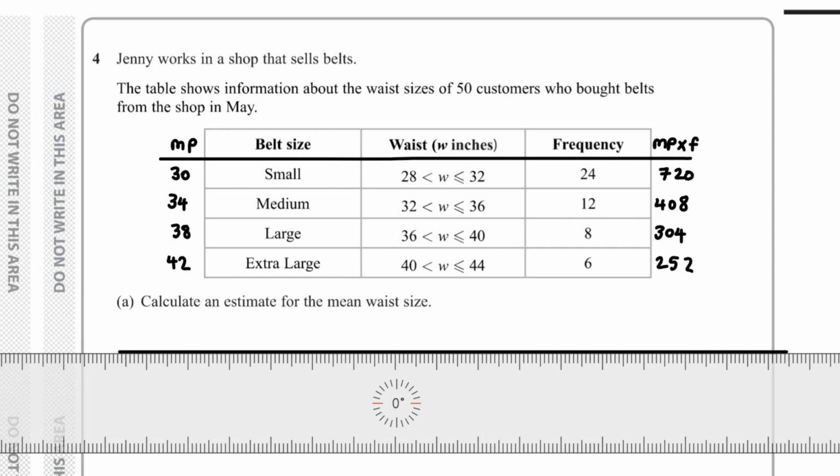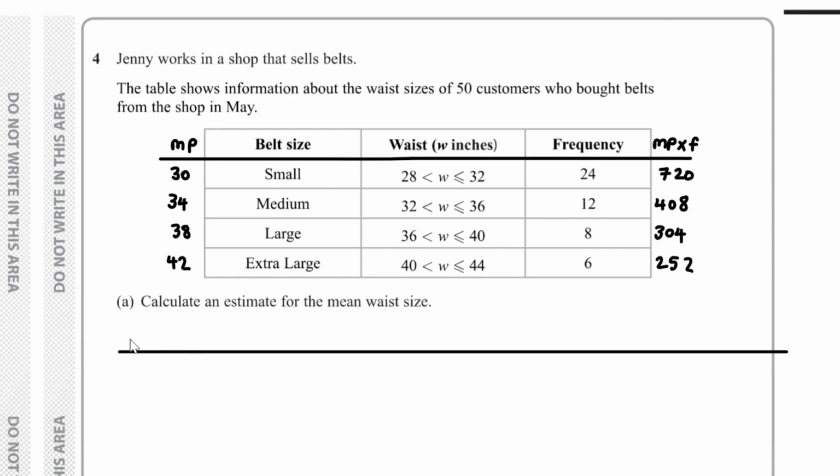So, we know already if we work out the mean, then the mean is equal to the sum of the midpoint multiplied by the frequencies over the sum of the frequencies.